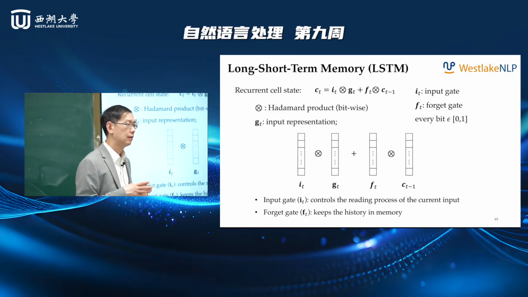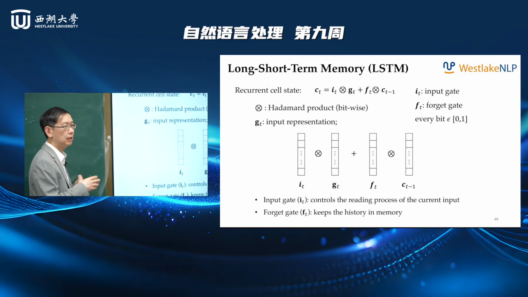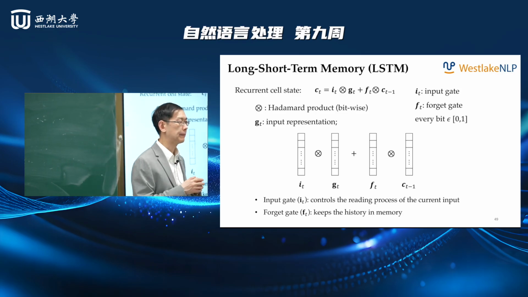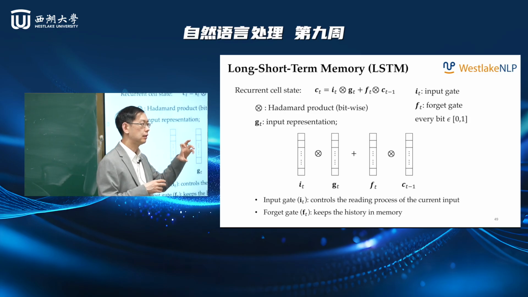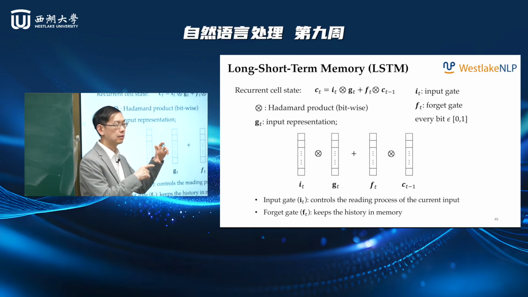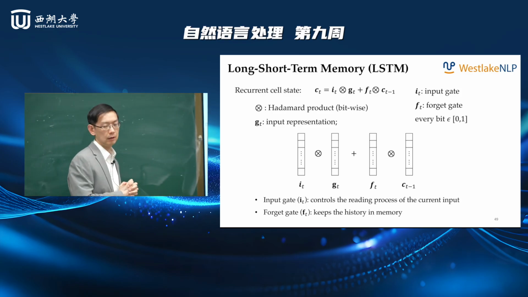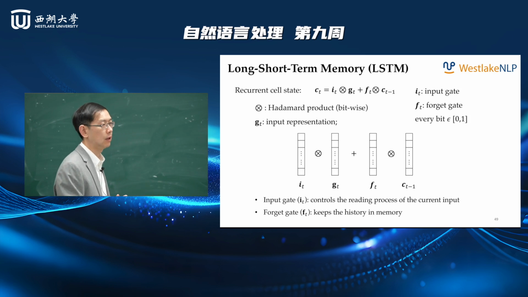All right. So i_t and f_t are called the input gate and forget gate, respectively, okay? And these gates, each bit has a value between 0 and 1, okay? Which activation function gives a value between 0 and 1?